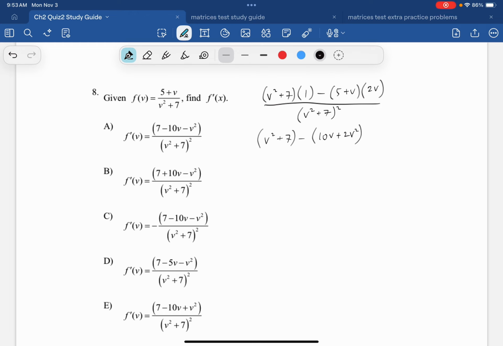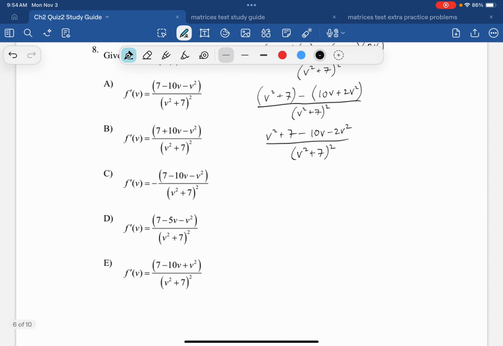Okay, without these parentheses, it will be wrong, because what we have to do next is actually distribute this minus sign across both terms, right? So I'm left with v squared plus 7 minus 10v minus 2v squared, all over v squared plus 7 squared.